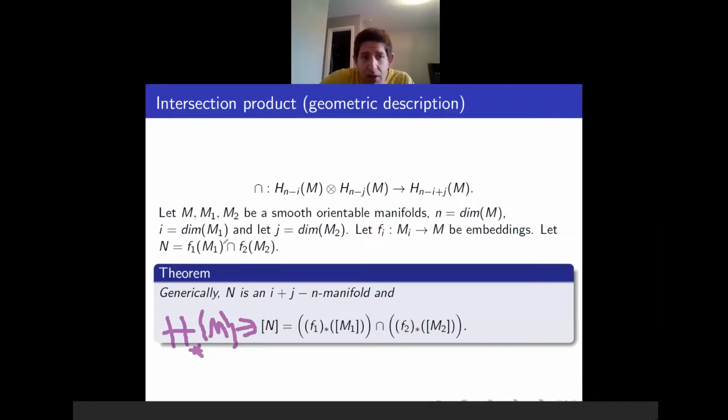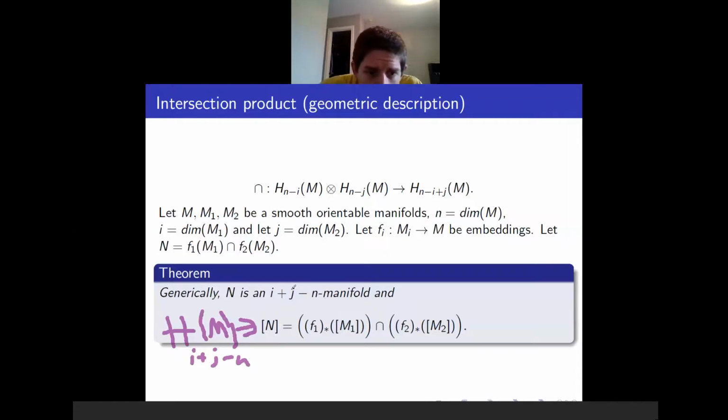One, generically, this intersection is a manifold. Generically, it's a manifold of dimension i plus j minus n.